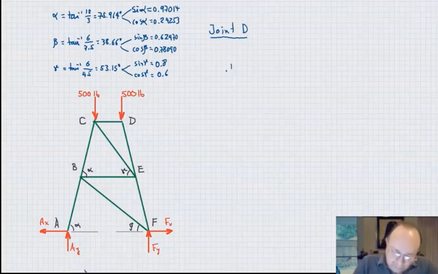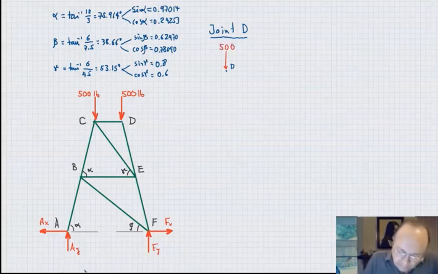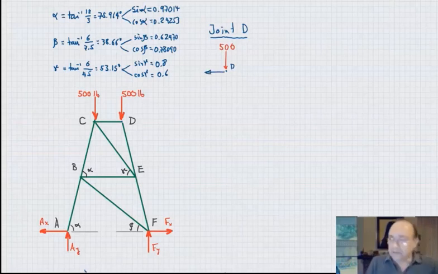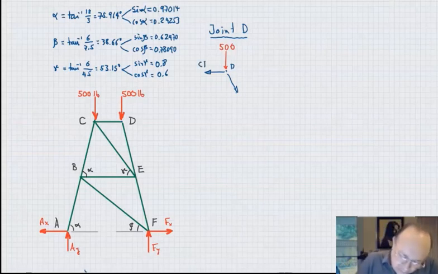This is joint D. Joint D has a vertical load of 500 coming in here, 500. It has a horizontal bar coming in here, and the bar is pulling to the left, and another bar coming down here, pulling down. This bar is called CD, and this bar is called DE.